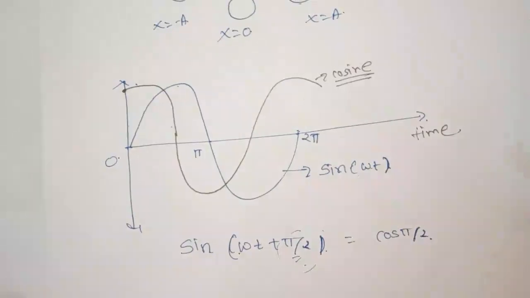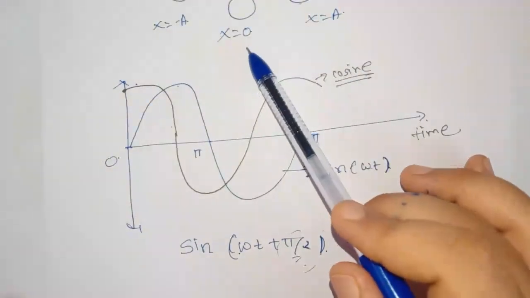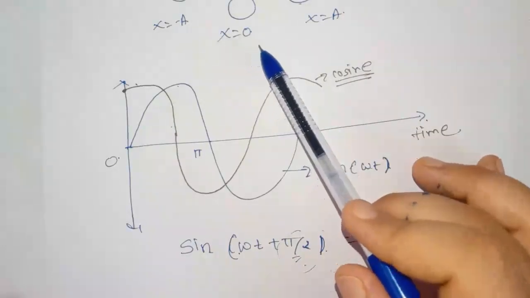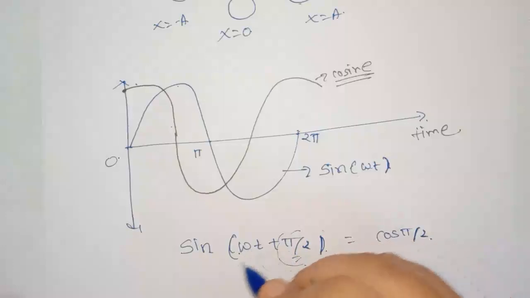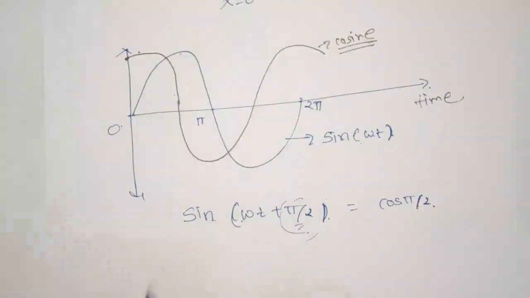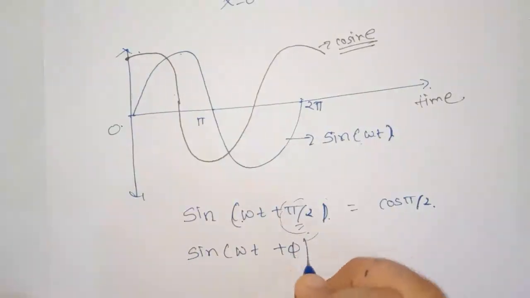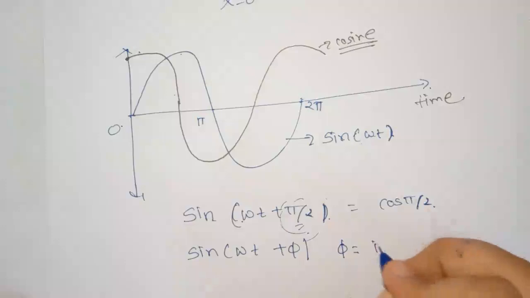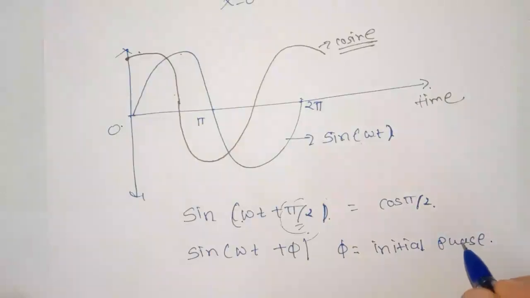So in such a case where the oscillation does not start from the mean position, we will have some angle added with this omega t. This angle is called the phase difference or initial phase. So sine of omega t plus phi, where phi is the initial phase. The initial phase will give us the point from which the oscillation starts.